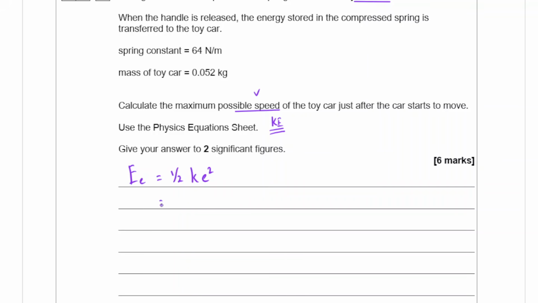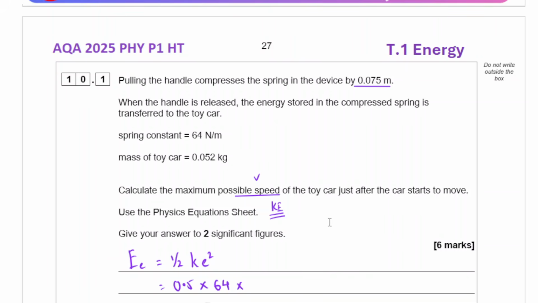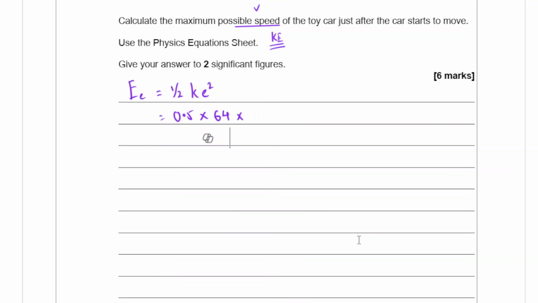So 0.5 multiplied by the spring constant, which is 64, multiplied by the extension here, it's compression, so 0.075, but that needs to be squared. That gives us 0.18 joules.